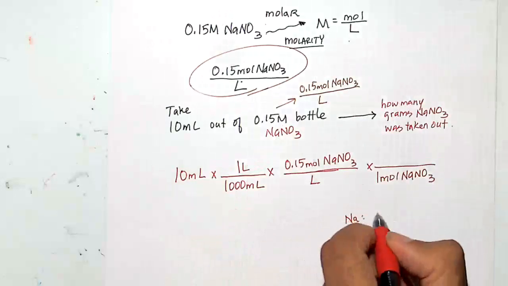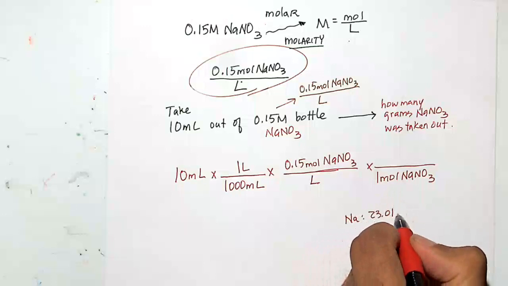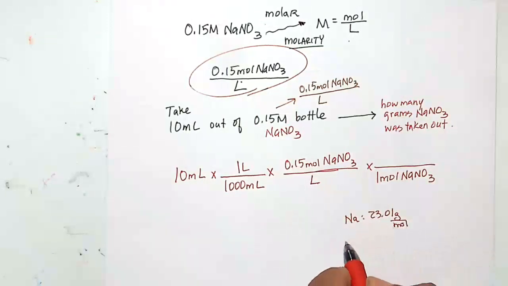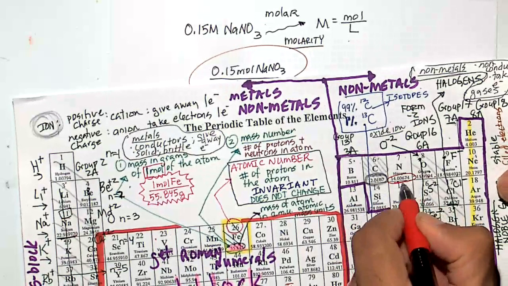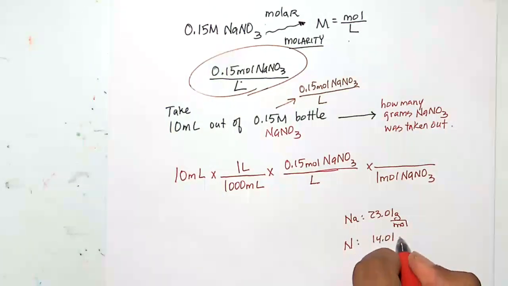We'll go with 23.01. Yours may be a little bit more, a little bit less. That's okay. Grams per mole. How much is nitrogen? We'll go with 14.01 grams in 1 mole.